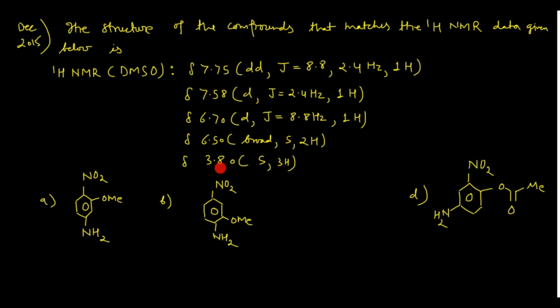In the previous question you have already seen that when this carbonyl group is having a CH3 group, then in the proton NMR spectrum it will resonate around 2.50 ppm, or say 2.20. Let us check.